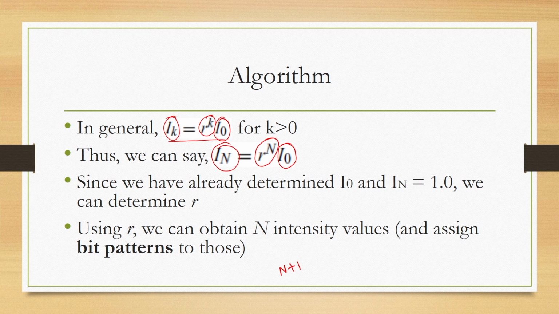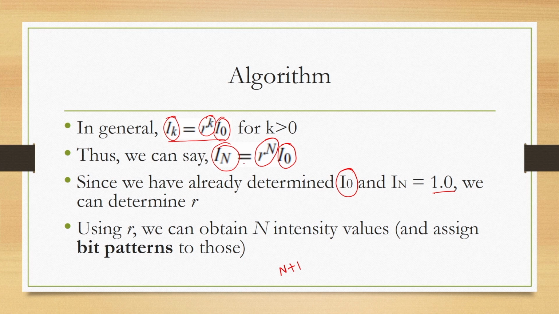So, then what we need to do, as we already discussed, we have already determined the minimum value using a photometer and we assume the maximum value to be 1.